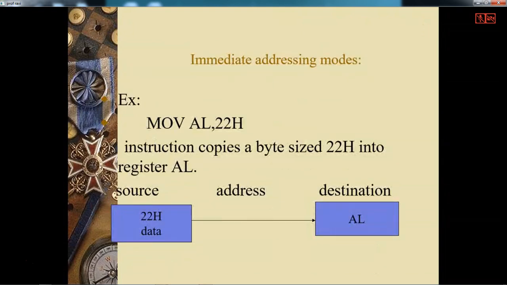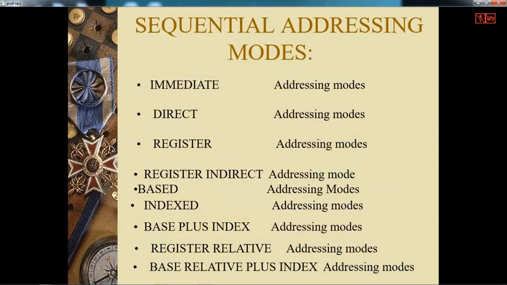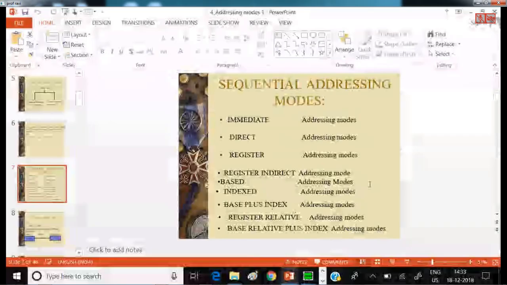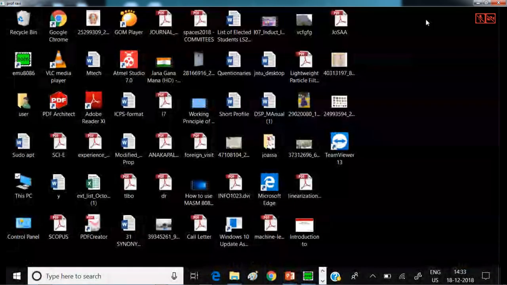Now, coming to the addressing modes, take the list: immediate addressing mode, direct addressing mode, register addressing mode, register indirect addressing mode, based addressing mode, index addressing mode, base plus index mode, register relative addressing mode, and base relative plus index addressing mode.